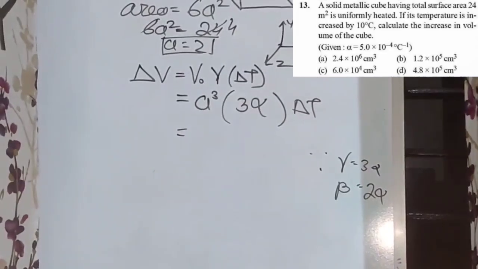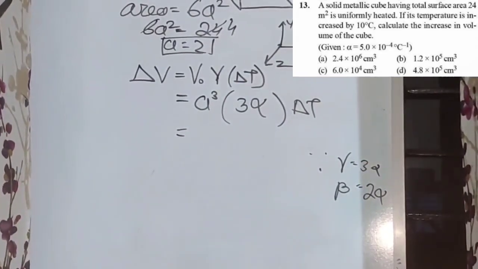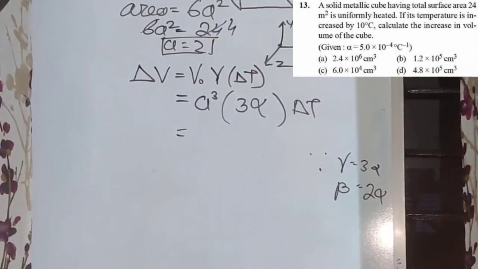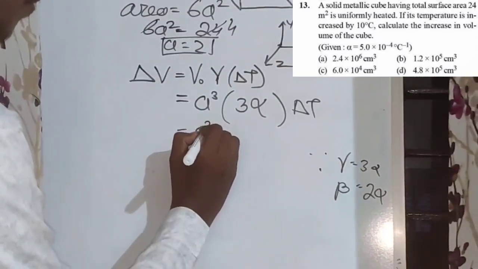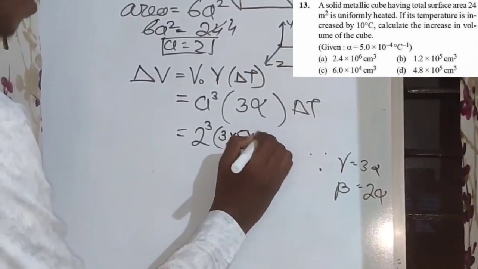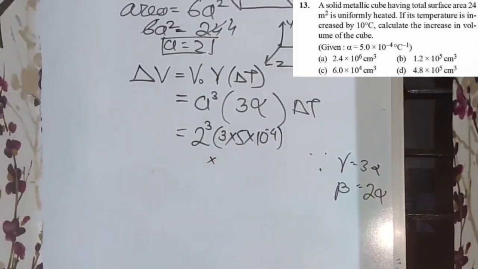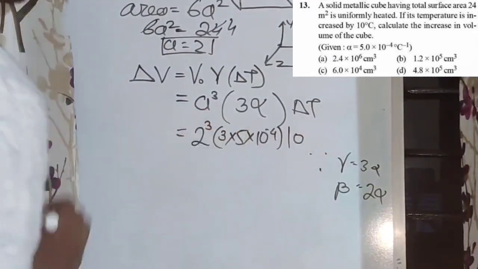So in the question we are given alpha equals 5 times 10 to the power -4. We have a equals 2, so V naught is 2 cubed, times 3 times 5 times 10 to the power -4 per degree Celsius, and into the increase in temperature, which is 10 into 10.